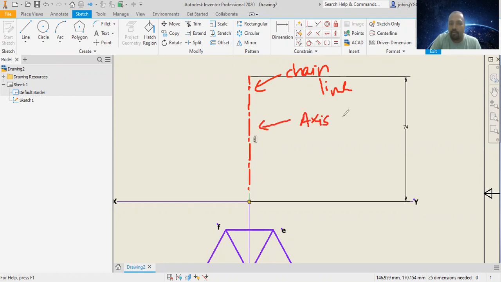Every time you draw the axis line, it will be a chain line, not a continuous line. This is the continuous line. So the axis line will always be a chain line like this. It's important.